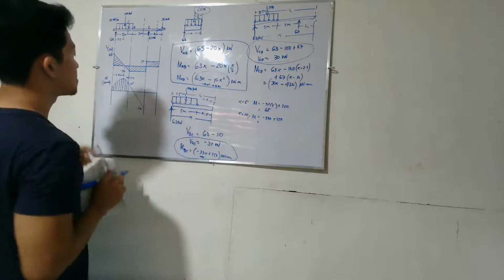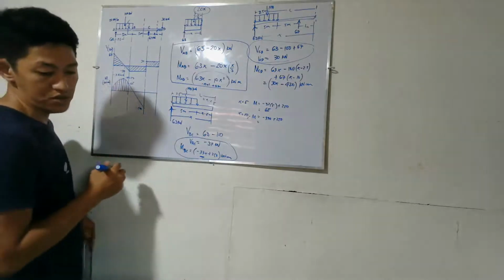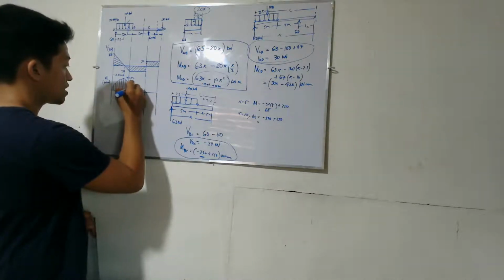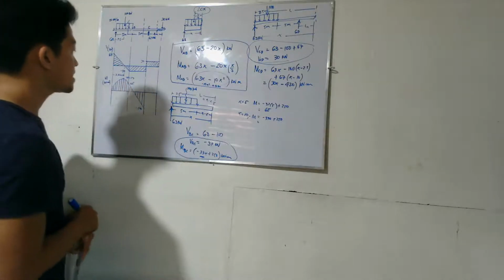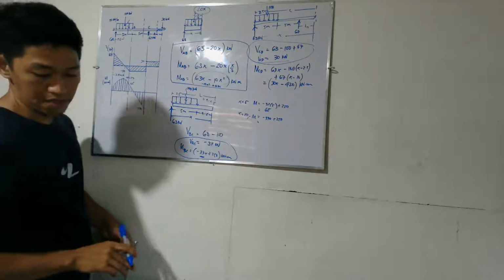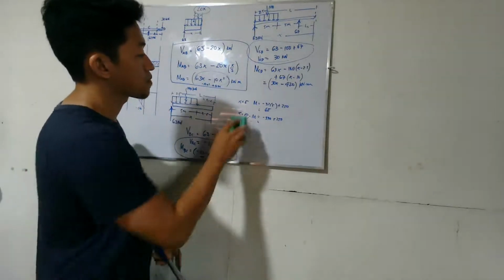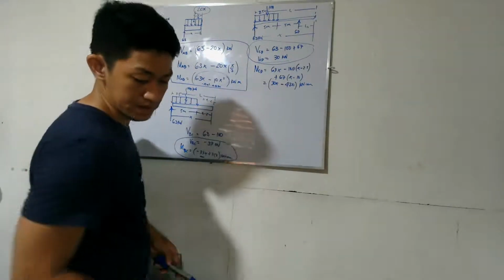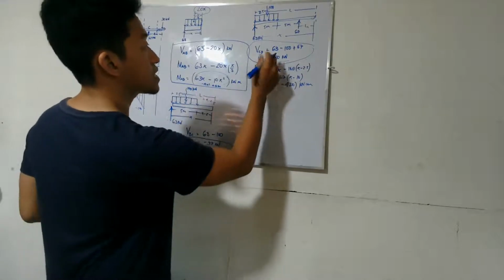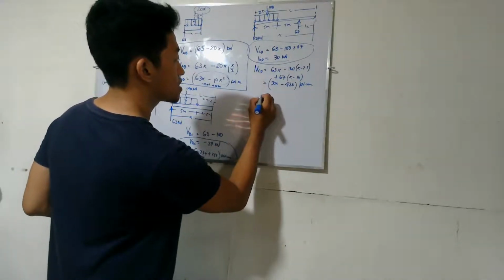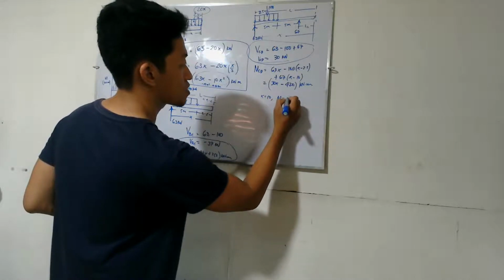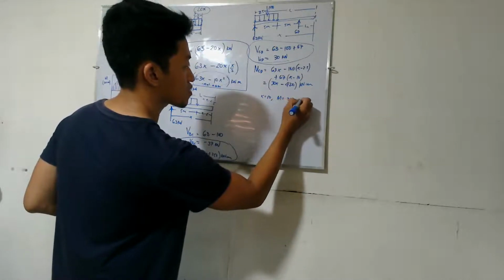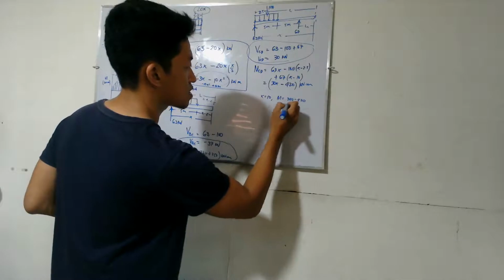Last segment: X equals 10, M is equal to 300 minus 420, negative 120.